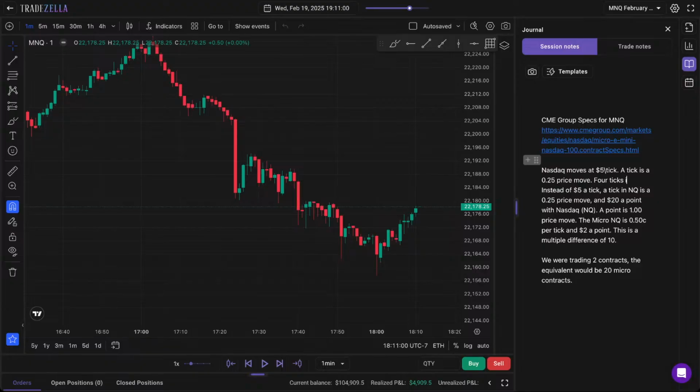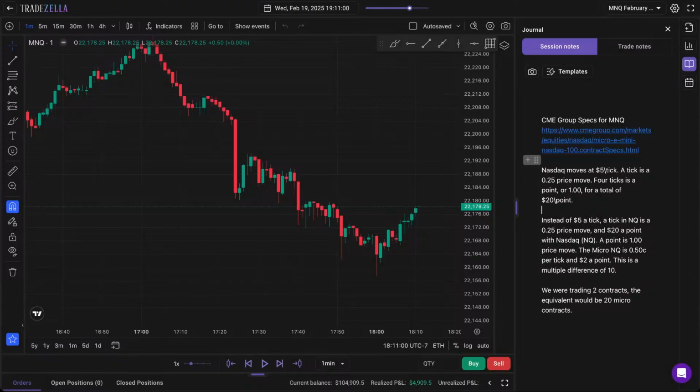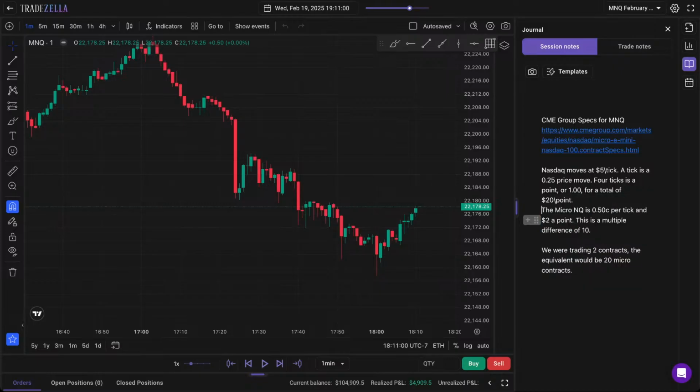Four ticks is a point, or $1. Total of $20 a point. There we go. The Micro NQ.